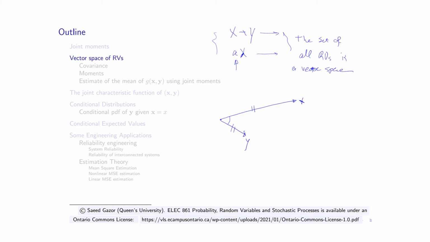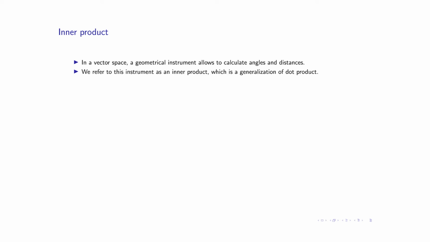So we will introduce an inner product which allows us to do all of these topics. An inner product over a vector space is a geometrical instrument allowing you to calculate angles and distances between two vectors.